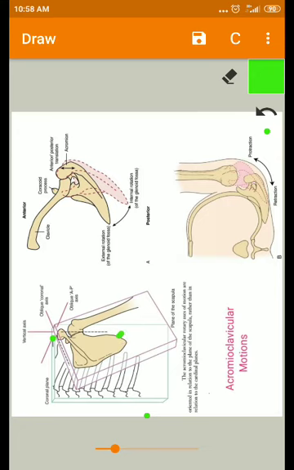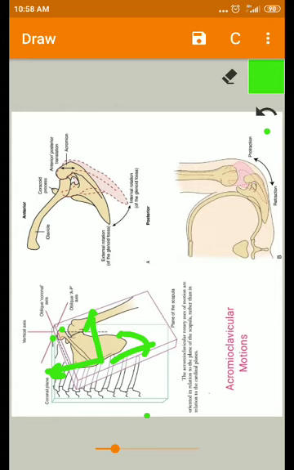If the scapula is moving sideways, that causes internal and external rotation at the acromioclavicular joint. Or sometimes if the scapula is moving upwards and downwards, then it is called upward and downward rotation.